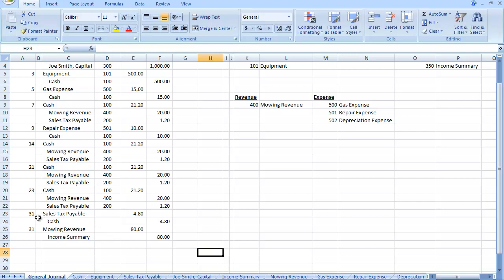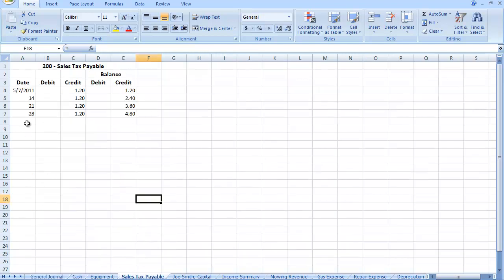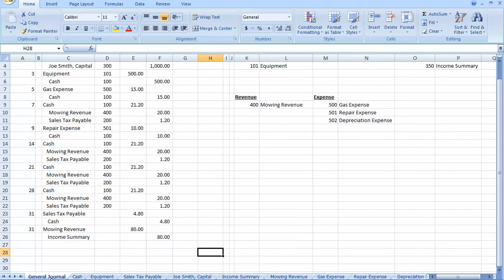So now we need to post these two transactions. We'll do this real quick. Sales tax payable, we paid it. So on the 31st, we debited $4.80. So now, do our quick little formula here. 4.80 minus 4.80 is 0. So our balance is 0 here. We'll post that. Goes to 200.